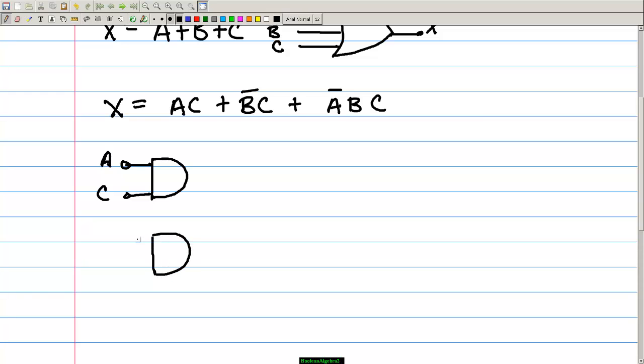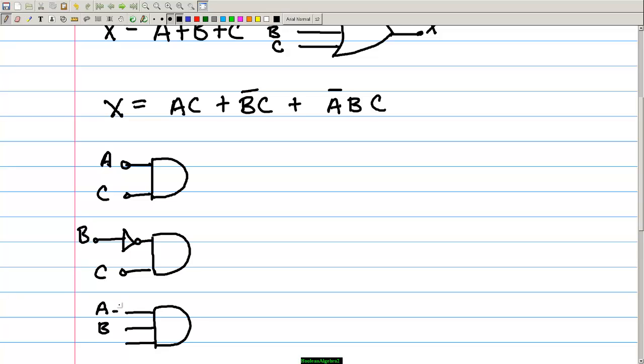and one of the inputs is B naught. So we have B, and this is B naught, and then we have C again, and then it looks like we have a 3-input AND gate. 1, 2, 3 inputs, and this is A. This will be A naught.